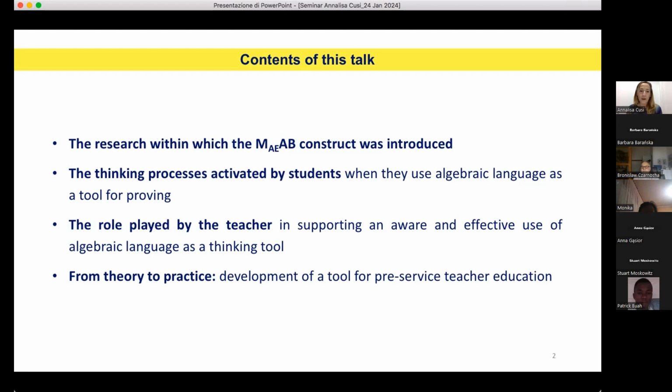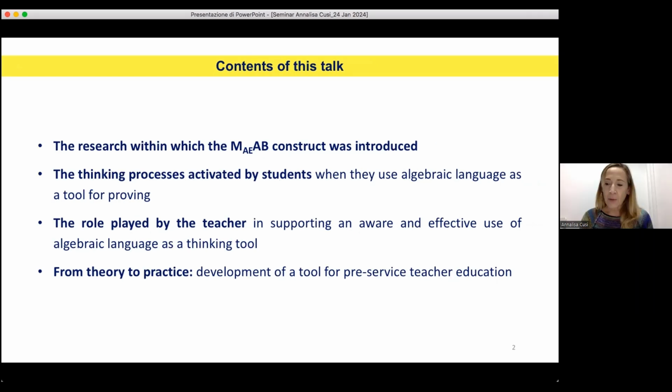And in the fourth and last part of the talk, I will present the use of this construct as a tool for pre-service teacher education, in particular in the context of university courses.